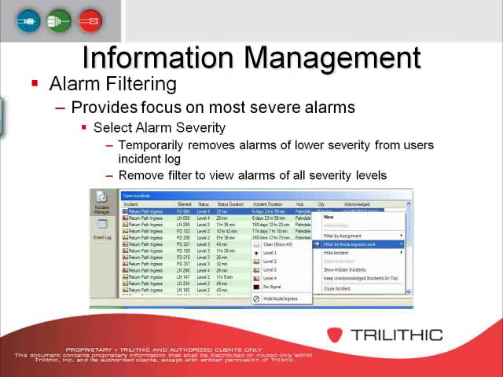And then for alarm filtering, the alarm filtering provides focus on the most severe alarms. You can select alarm severity, which temporarily removes alarms of lower severity from users' incident logs. For example, if you know that level 1 is not anything severe, but something you just want to keep an eye on, then you may not want to show it if you have a lot of level 3 and level 4 alarms.